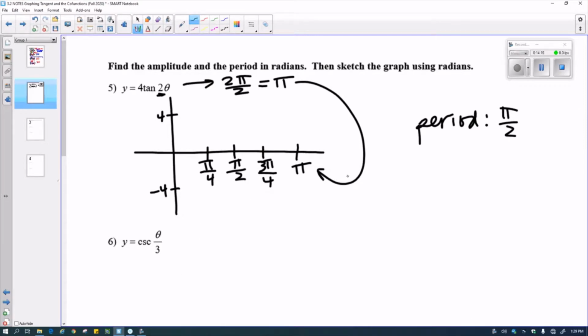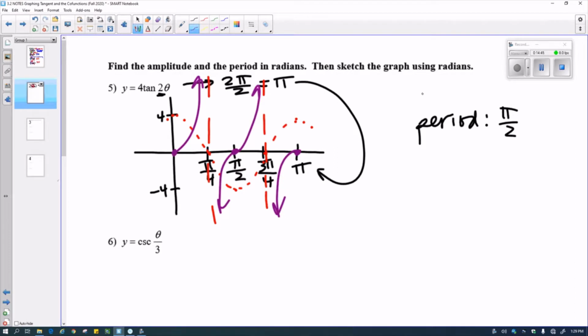Remember, when I sketch the denominator, cosine, that'll give me my asymptotes. That's where the tangent is undefined. So here are my asymptotes, and then I can go ahead and sketch my tangent graph, these little curves in here.